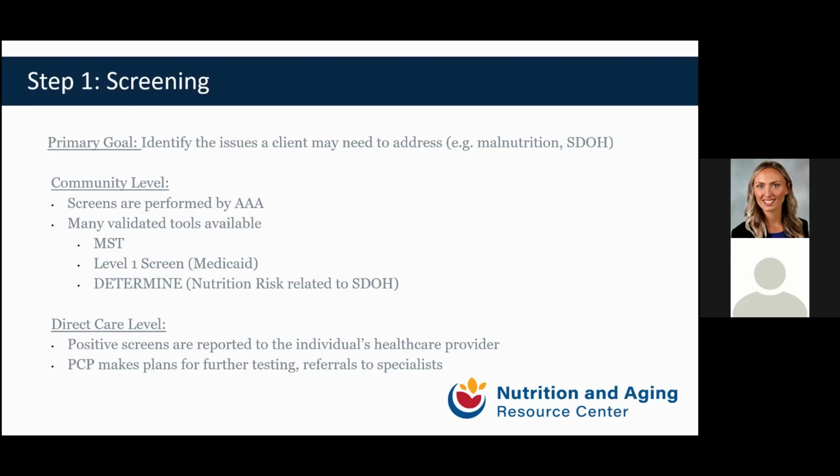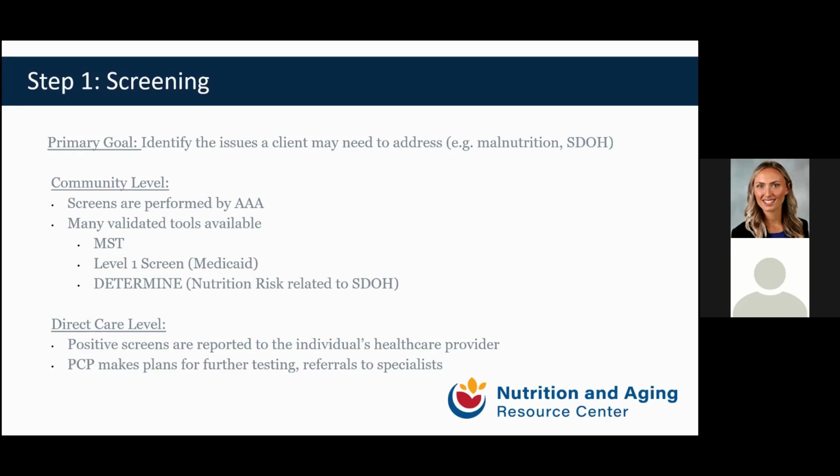What is screening? Well, screening is a process of determining if there may be a problem. And screening differs from assessment and diagnosis, which only medical experts can do. But screening can be done just using validated tools by laypersons who are trained.